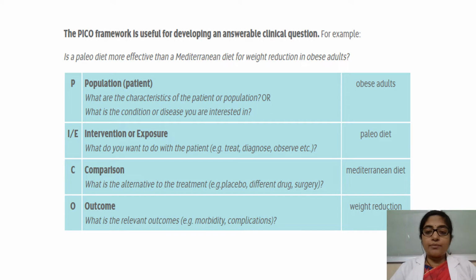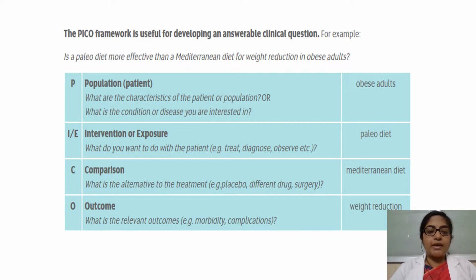Now to help us in having a clear question, we have a PICO format, which is for developing a research question. So P stands for population, I or E stands for intervention and exposure, C stands for comparison, and O stands for outcome. So let us take an example of this research question. Is paleo diet more effective than a Mediterranean diet for weight reduction in obese adults?